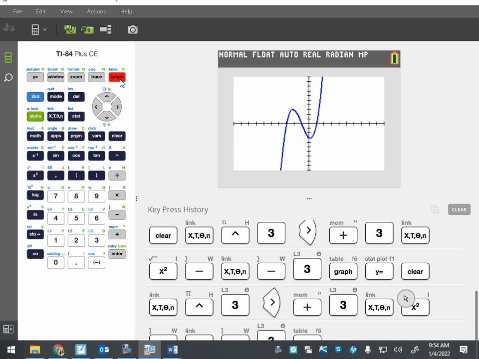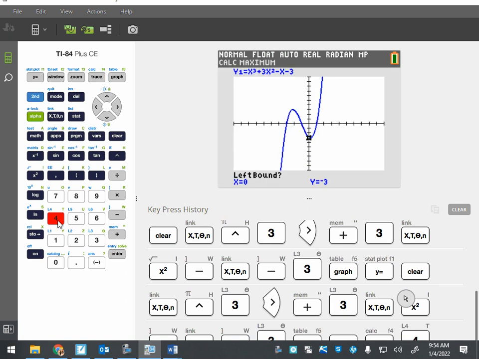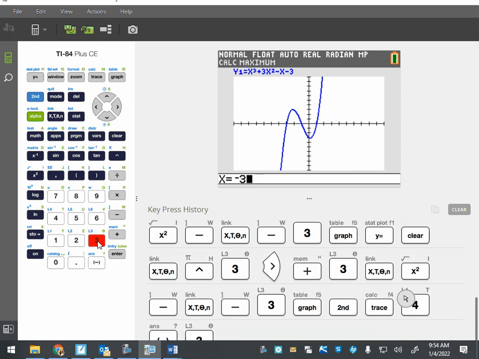Okay, so we're going to do this either way you choose. I'm going to use my x-intercepts for both. So, second trace, number 4, we're going to do the maximum first. For my maximum, the left bound, I'm going to choose -3. Hit enter.